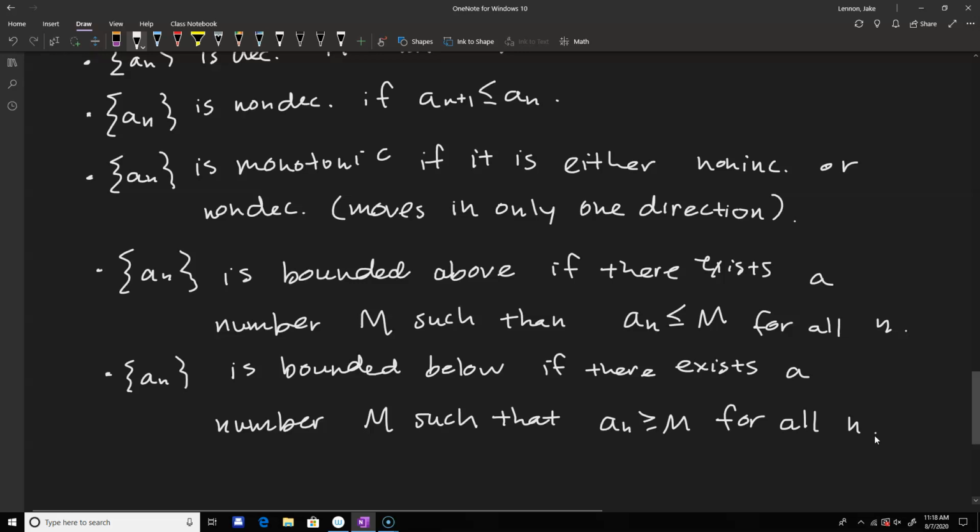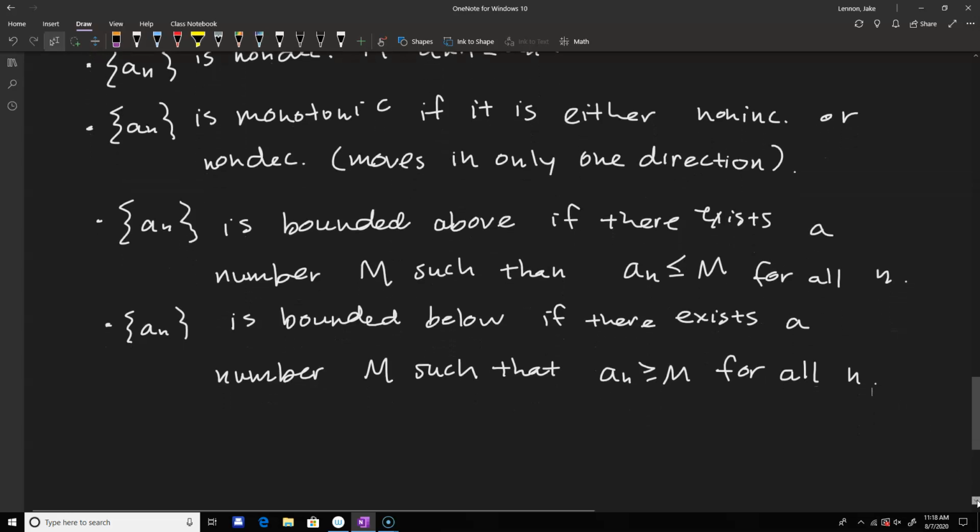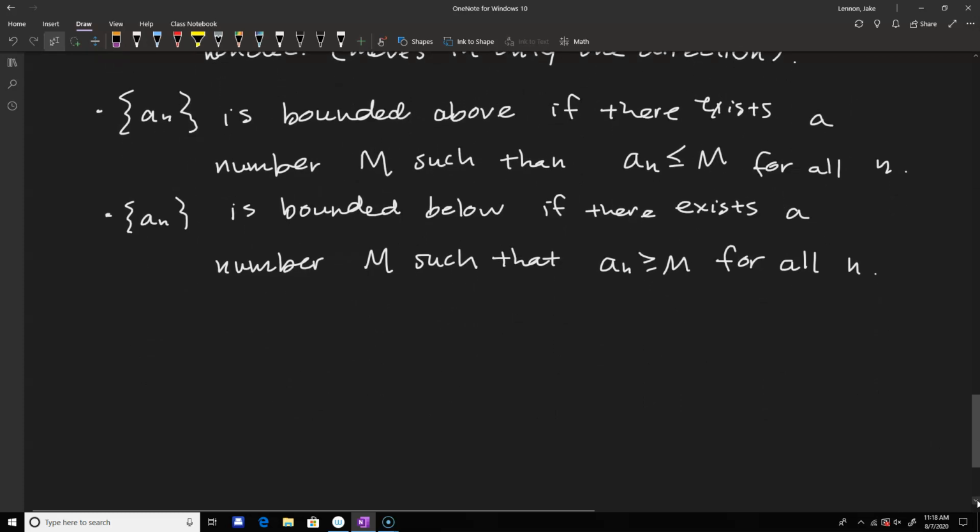All right, so let's talk about some geometric sequences. A specific kind of sequence where all the terms are related by being multiplicative multiples.